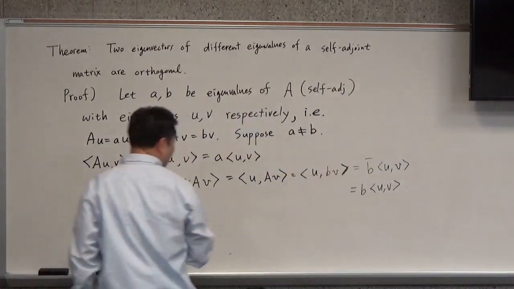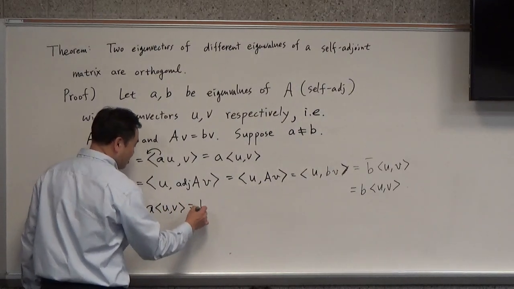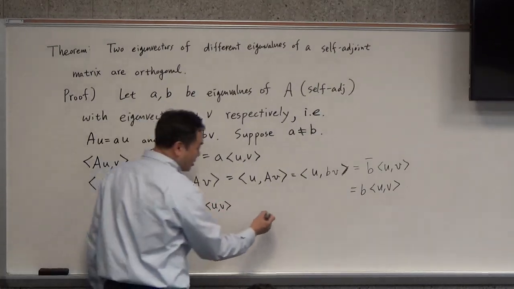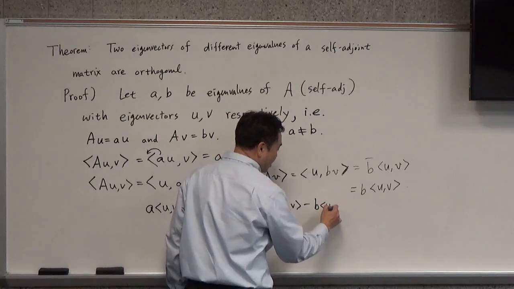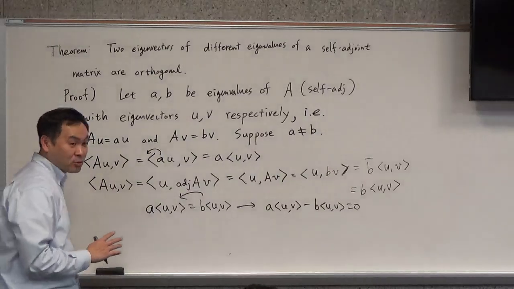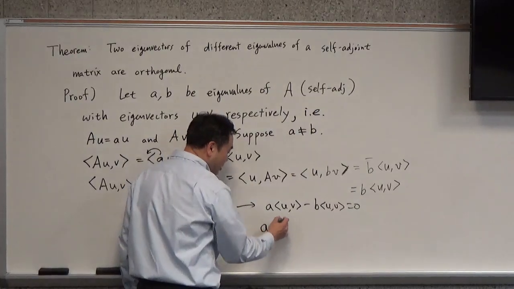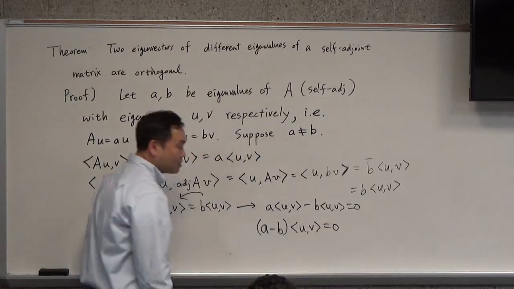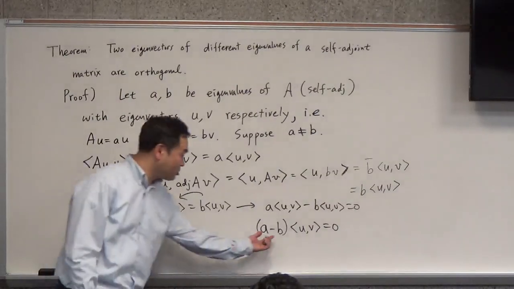So now, what did we just prove? We proved that a u, v is the same as b u, v. Move everything to the other side and you get a u, v minus b u, v equal to 0. And you can further factor the u, v out because this is just a number. So you get a minus b times u, v equal to 0. Oh wait, can a minus b equal 0?